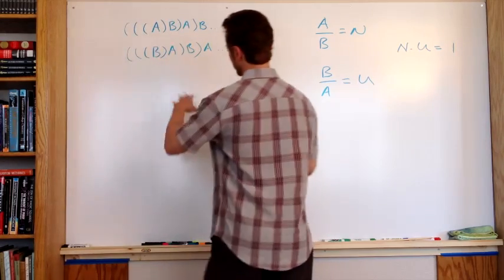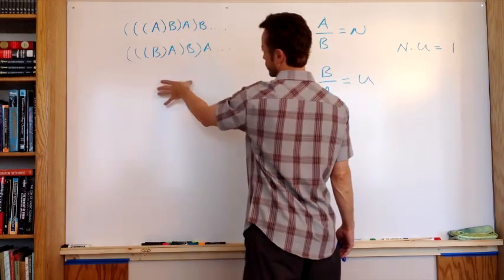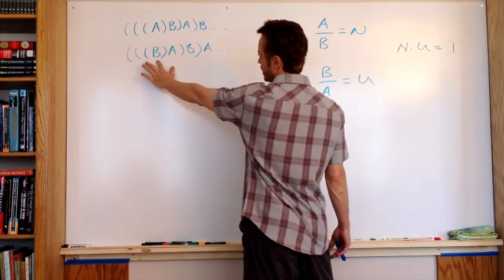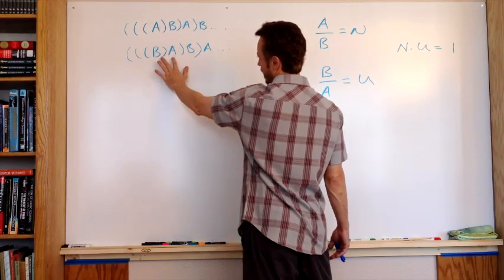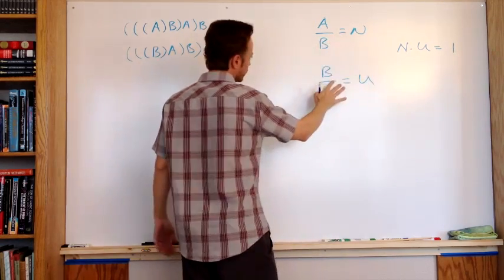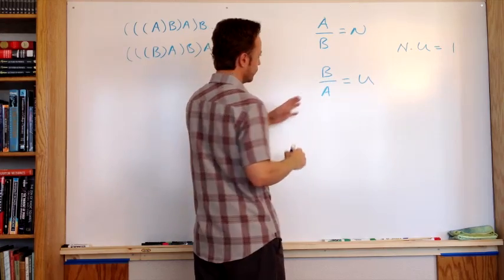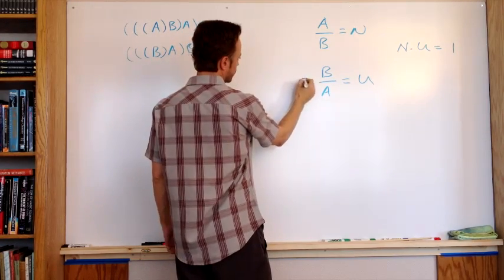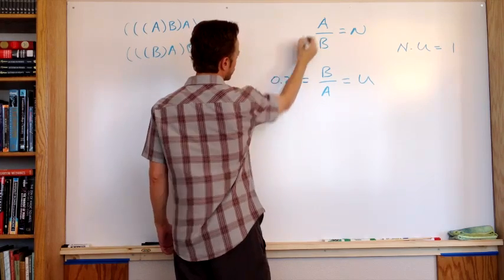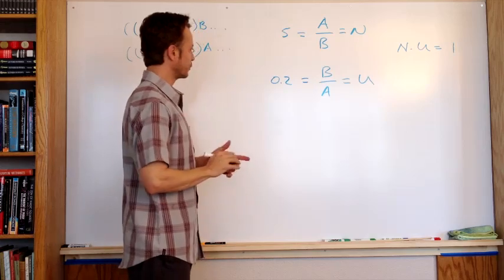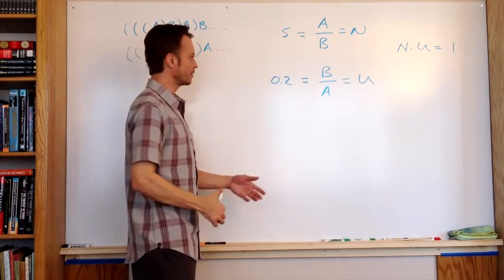So let's start with, since this one's closest to us, B relative to A. Well, where do we find that here? Well, to our previous example, this equaled 0.2, this equaled 5. The ratio of B to A was 1 to 5.